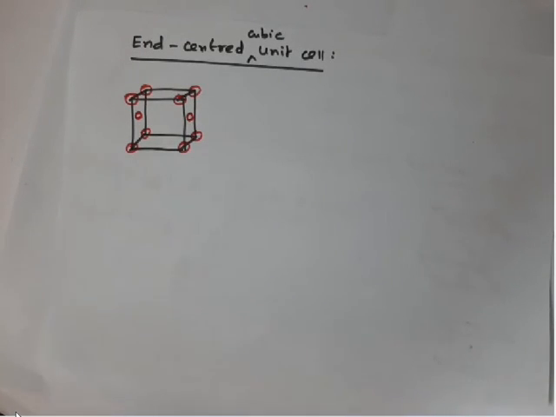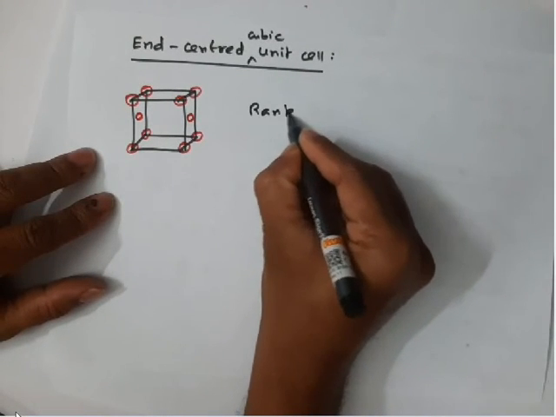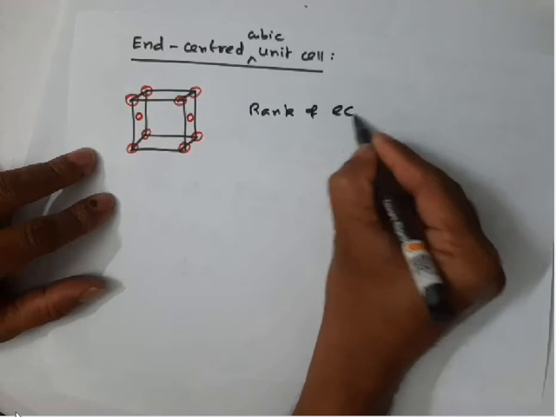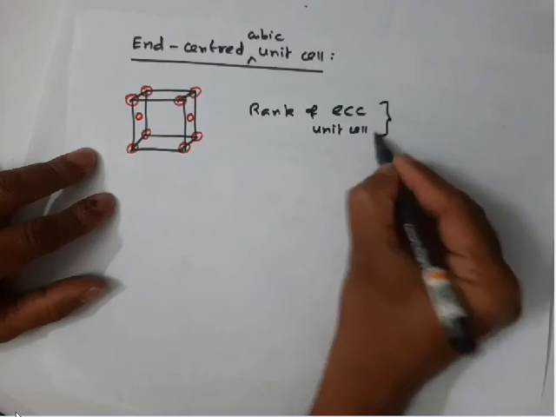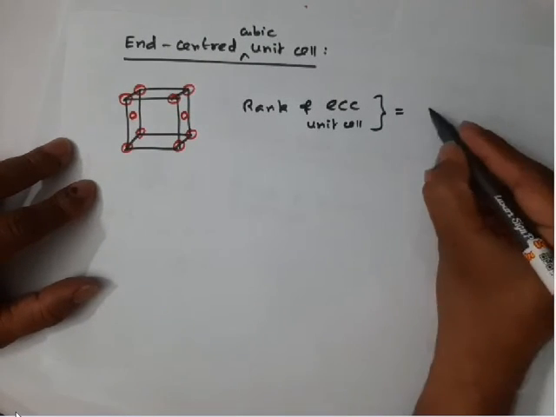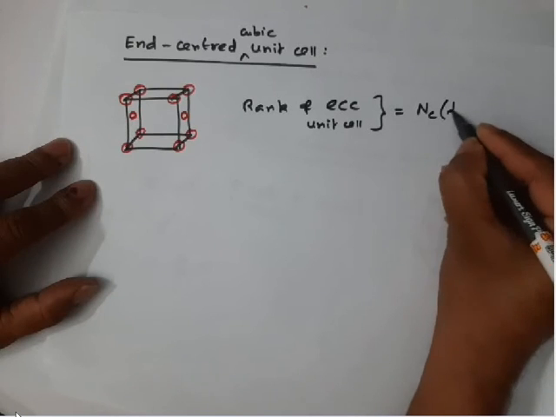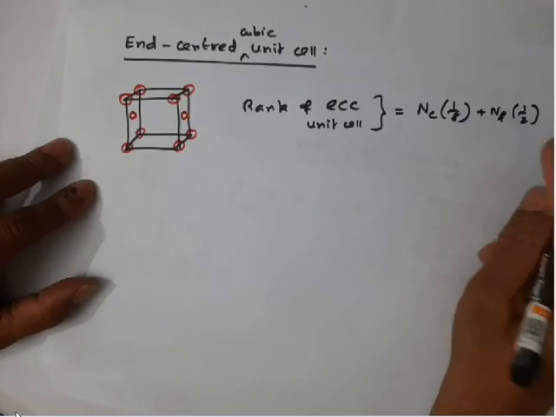Can you tell me the rank for this? Anyone? Rank of the end-centered cubic unit cell. The formula is this: corner atoms into 1 by 8, face center atoms into 1 by 2. Is there any body center atom?